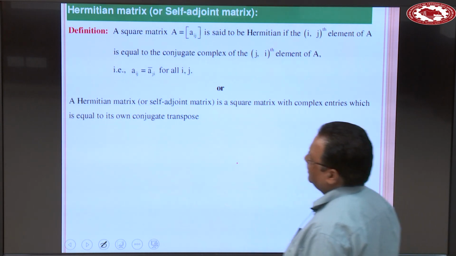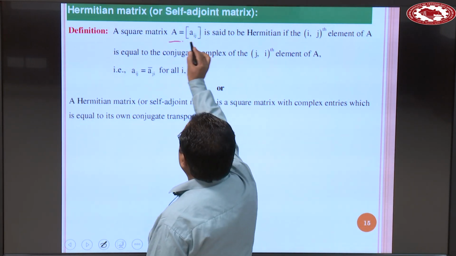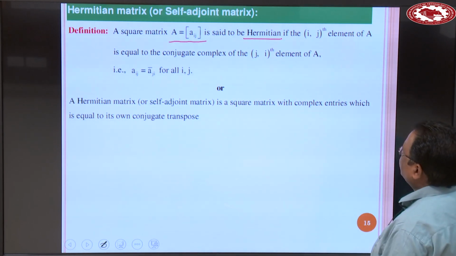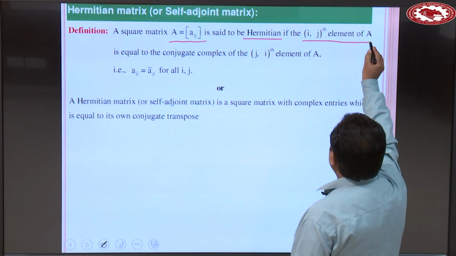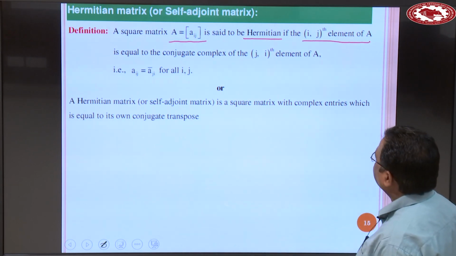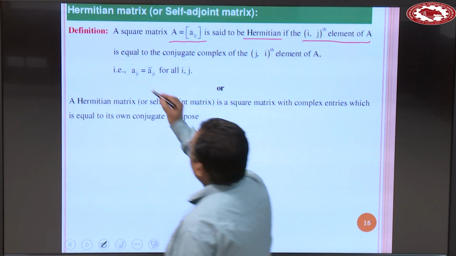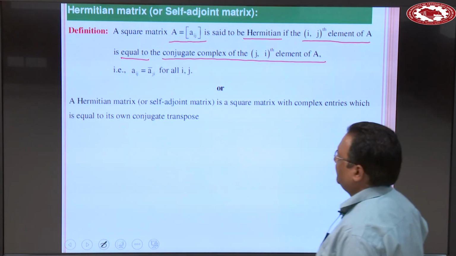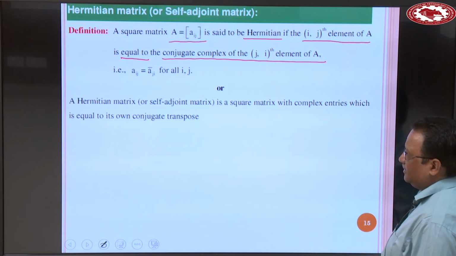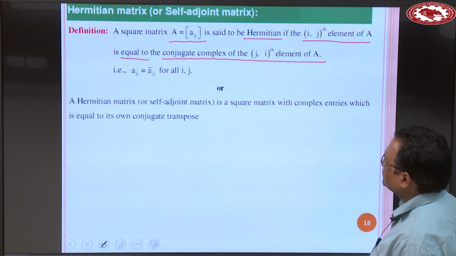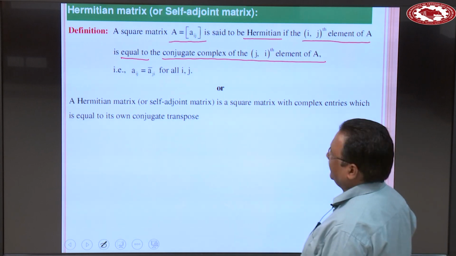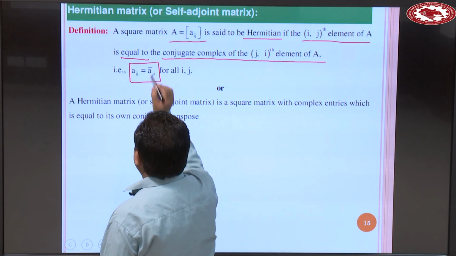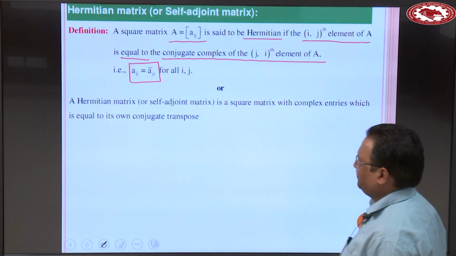A square matrix A is equal to Aij is said to be Hermitian if ijth element of A is equal to the conjugate complex of jith element of A, that is Aij is equal to Aji bar for all i and j.